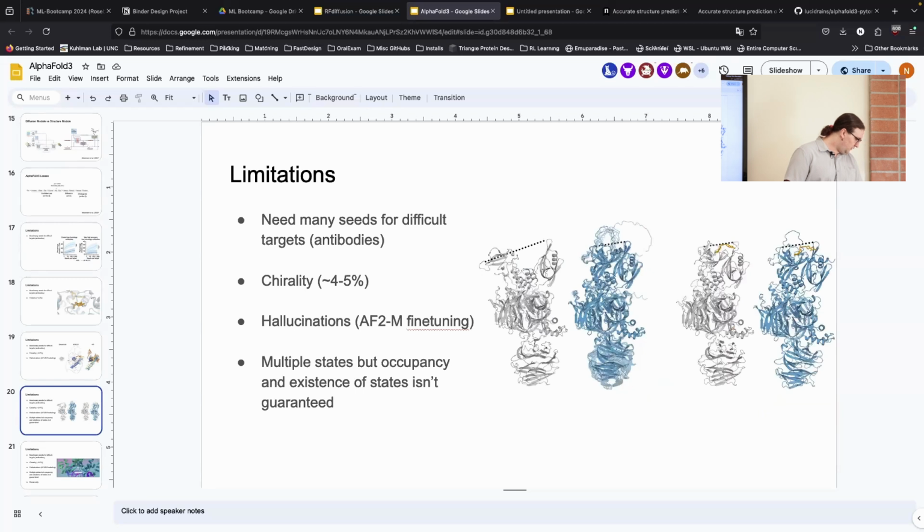Another limitation is that it will produce multiple states because it is a diffusion process. It can sample multiple conformations. However, the existence and the occupancy of these states isn't guaranteed at all. This is an example of a protein that has two different conformations, an open and closed conformation. When binding a small molecule, it transforms into this closed conformation, this hollow structure.